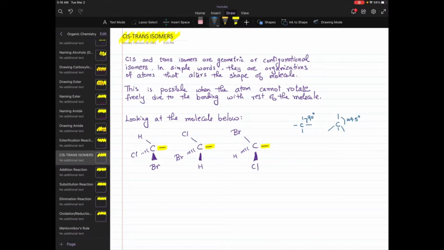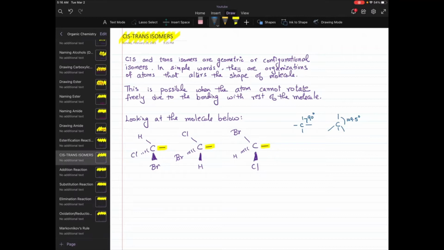Right, so once we have cleared that, let's look at an example here. I have carbon bonded to hydrogen, chlorine, and bromine. And I have highlighted the bond from carbon to the big chain or major chain, whatever the parent chain is. Since carbon is linked to the main chain with a single bond, this molecule can rotate.